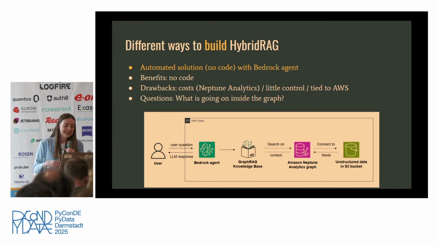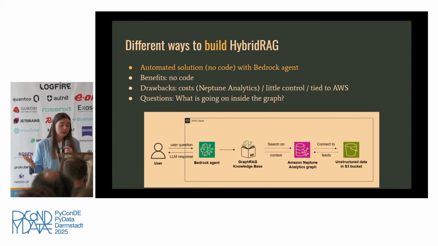I don't know. You have very little control over how the graph is created because it's done automatically, and you are tied to a cloud provider. It of course depends on your company, and also cost. If you want to use this, you need to keep an Amazon Neptune Analytics graph set up, which is not cheap.